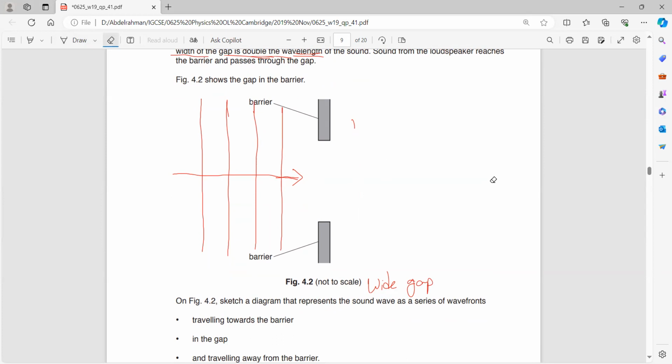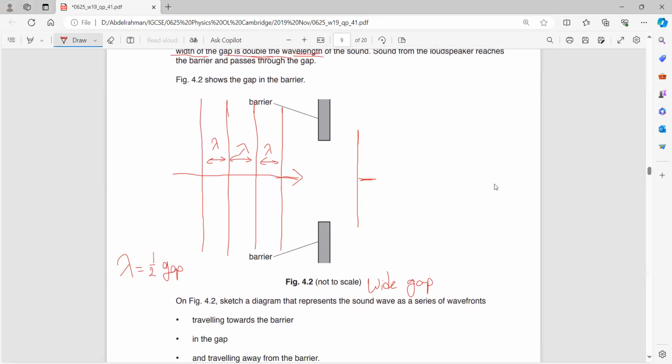It is not semicircular, it's the square waves. So how do we draw it? We draw a short wavefront, leaving the same distance. The wavelength here equals half the gap. That's what the question says, I didn't make it up: the gap is double the wavelength, so the wavelength is half the gap.